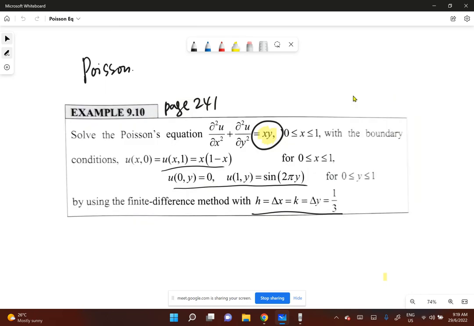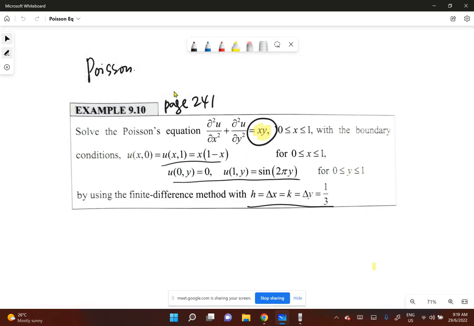Okay, so this is the example 9.10, Poisson equation. On page 241, you look at here, actually the condition is the same as the previous example.